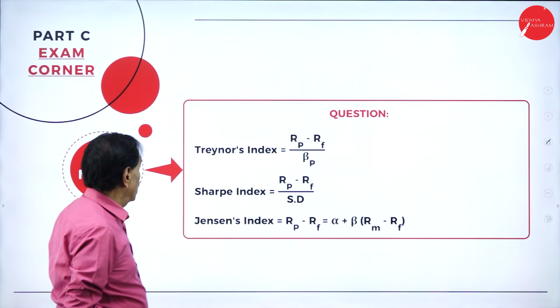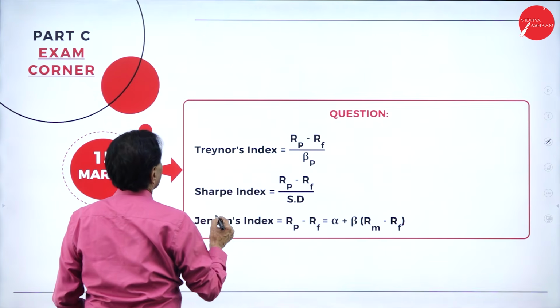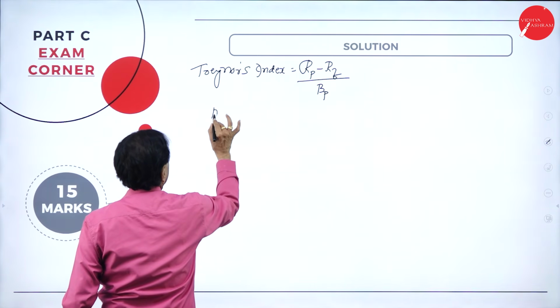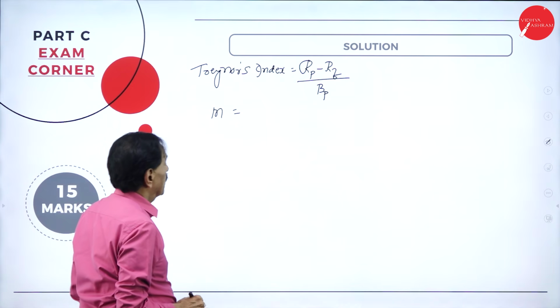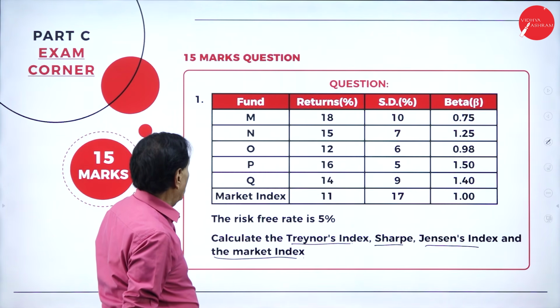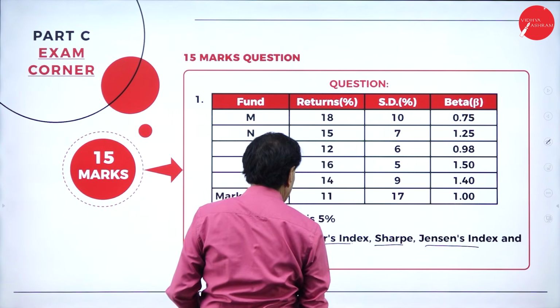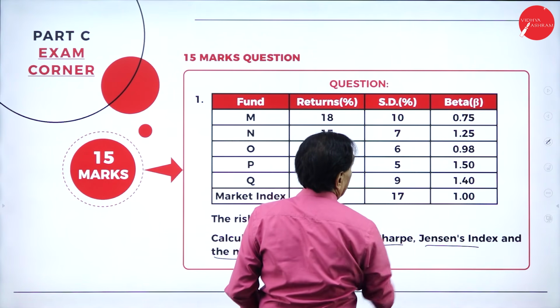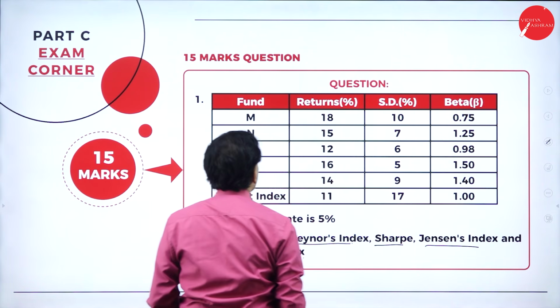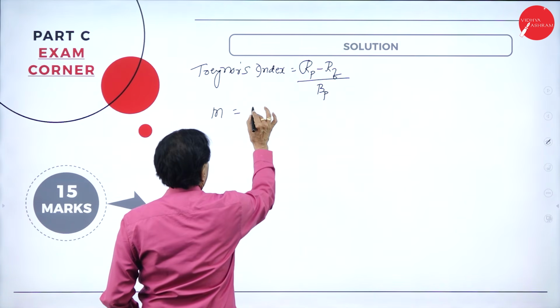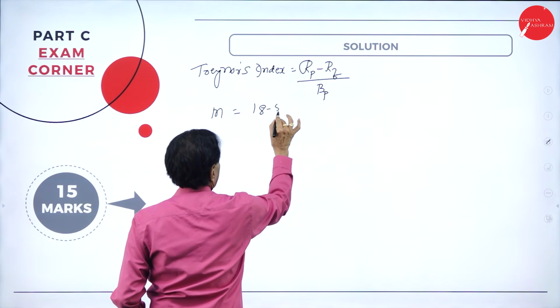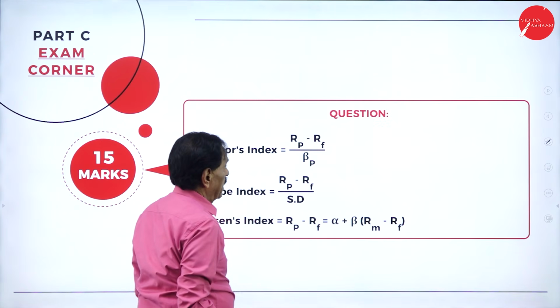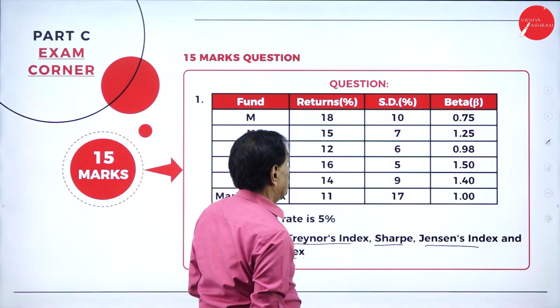We'll go one by one. Fund M. What's your return? RP, return is 18. Risk-free is 5. Your beta is 0.75. So 18 minus 5 divided by beta 0.75.